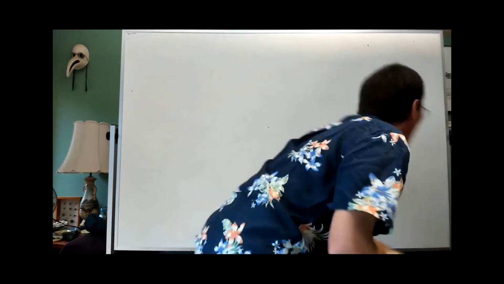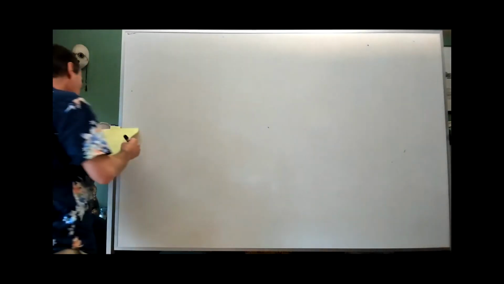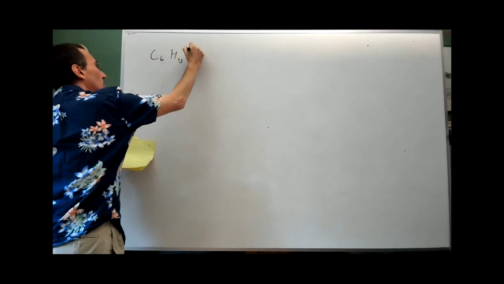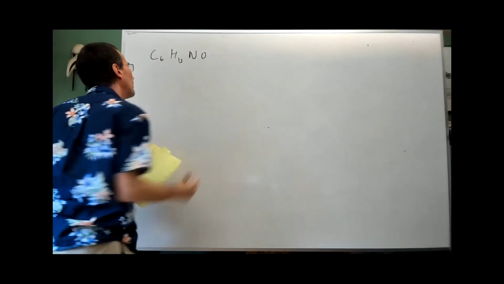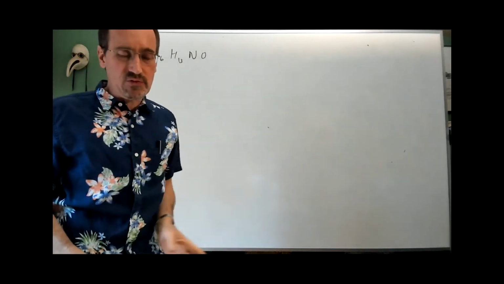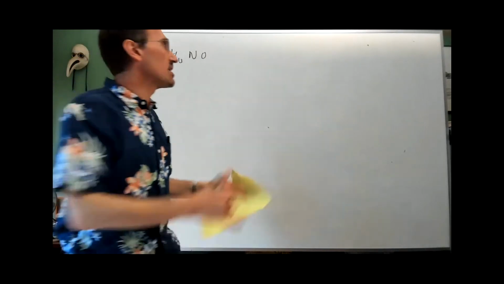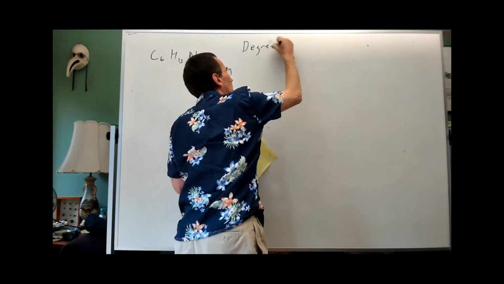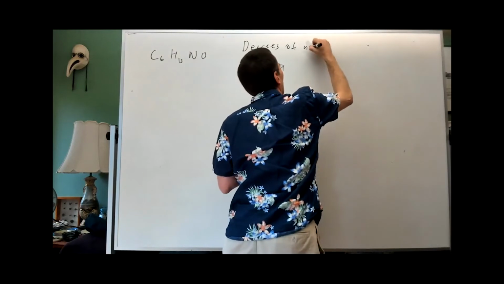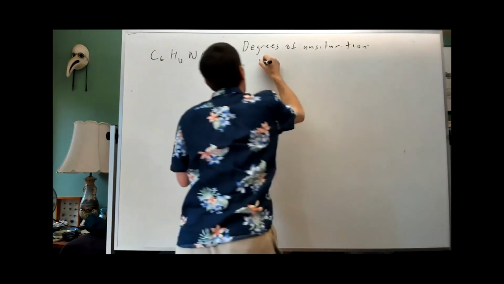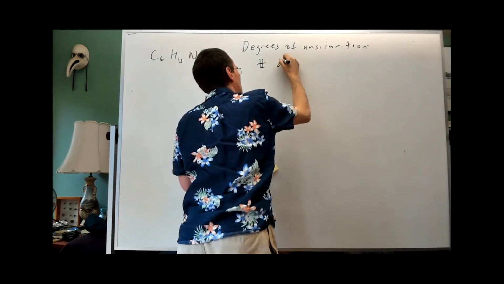And so, yeah, we have a molecular formula here, and I wanted to tell you, A, what you can do, and B, what I actually do. So if you like equations, it's incredibly useful to know the degrees of unsaturation, right? Degrees of unsaturation is the number of double bonds plus rings.